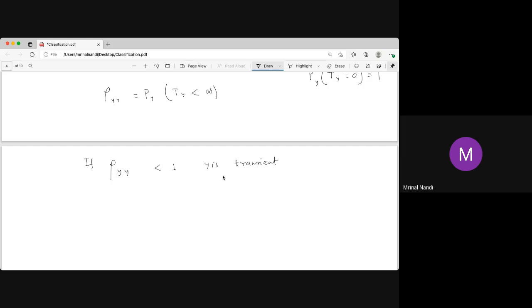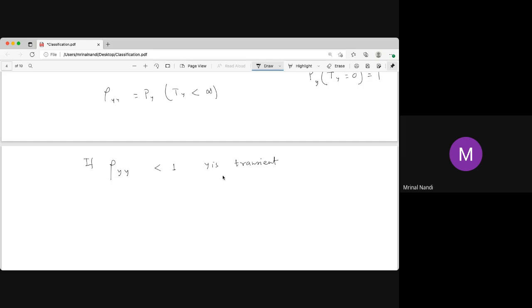If it is positive but not 1, that means you can't get a guarantee that it will ever reach there again. The state will again occur after some finite time, with a probability that is positive but not equal to 1. So you can't give a guarantee. But if it is high, then you can say, okay, with high probability it will reach y again. But one more question is there.